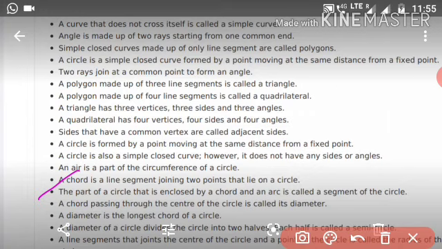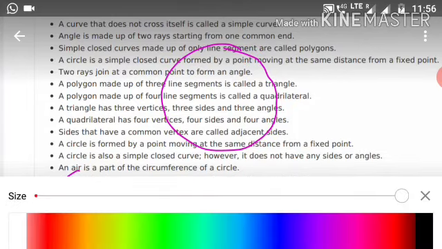Now the part of a circle that is enclosed by a chord and an arc is called a segment of the circle. Suppose this is a circle, and for this circle I will draw one curve. Now this curve is called an arc, isn't it?